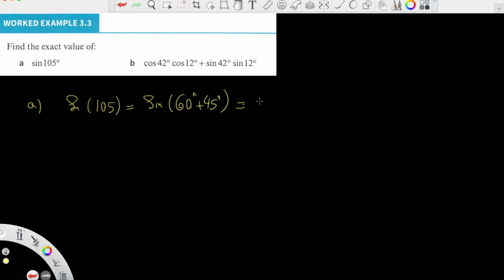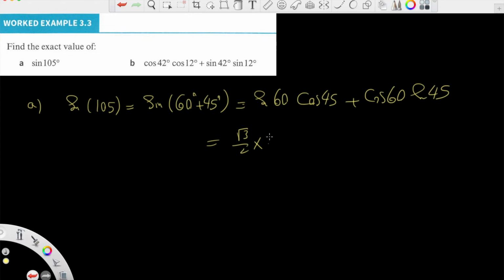So if you use the first identity, it is sine of 60 cosine of 45 plus cosine of 60 sine of 45. So sine of 60 is root 3 over 2, cosine of 45 is root 2 over 2, plus cosine of 60 is half, multiplied by root 2 over 2.